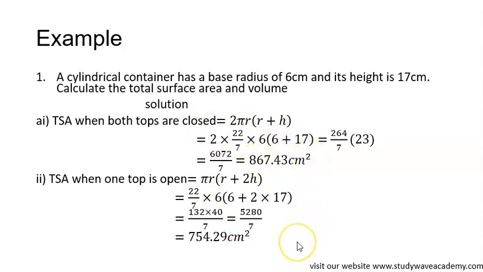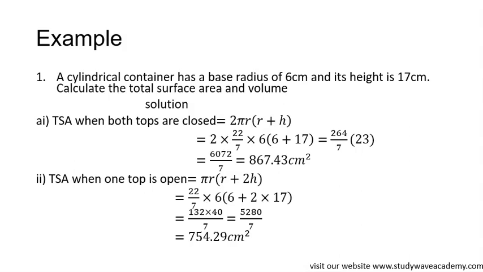But when one top is open and the other is closed, it is 754.29 centimeters square. You are not confused, right? So now we've gotten the total surface area. We're going to be calculating next the volume. Remember, we have to calculate the volume.